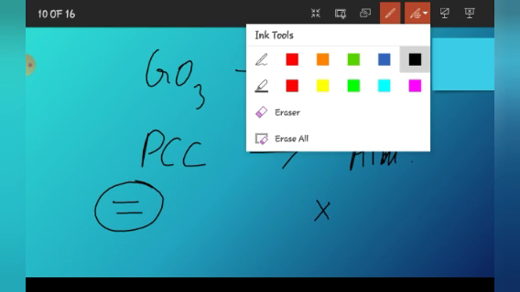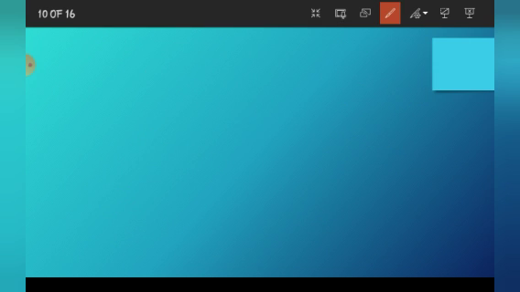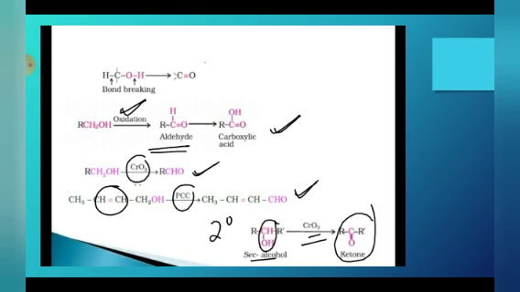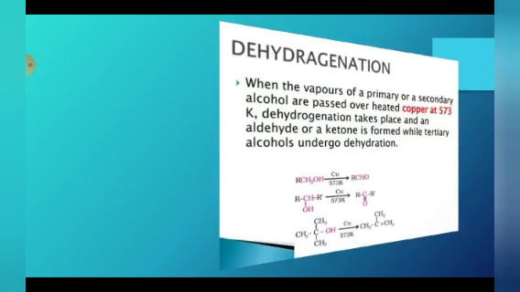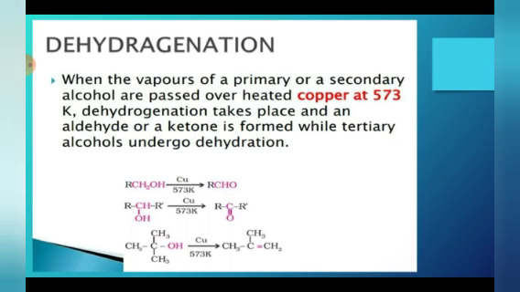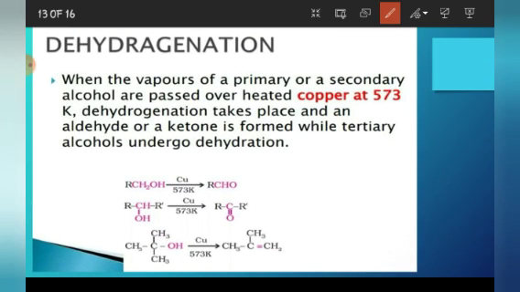Now let us see one more thing: dehydrogenation, or catalytic dehydrogenation.